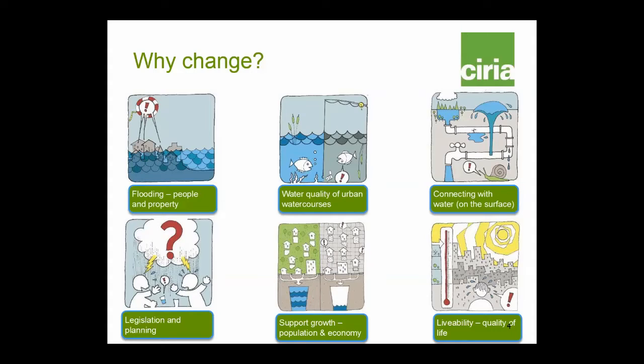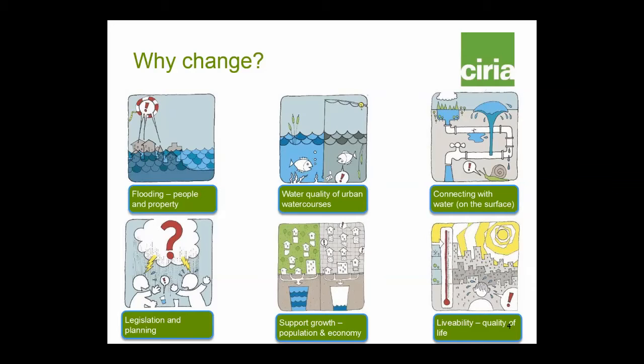Well, we know that we're facing quite a challenge in terms of managing flooding going forward, particularly when we look at some of the suggested climate change uplifts that we will see on rainfall. We have our challenges in terms of continuing to improve the quality of our urban watercourses and the potential impacts from urban diffuse pollution.